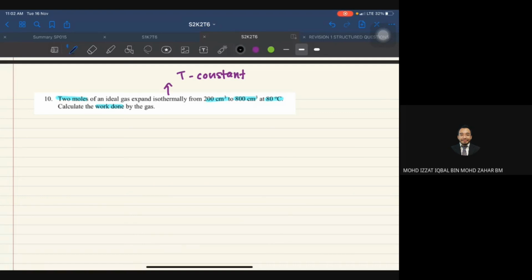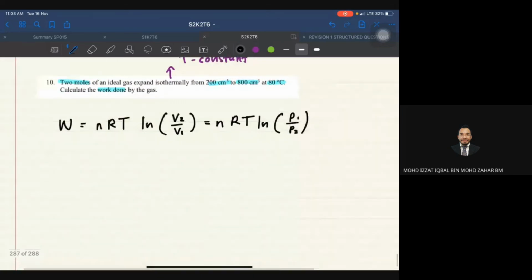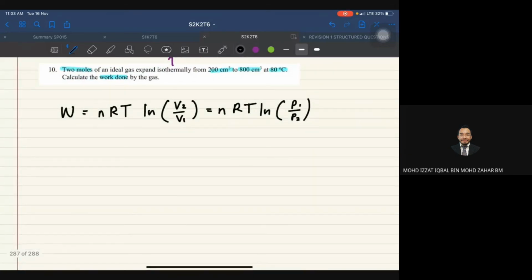So kalau isothermal, work done dia, equation dia yang mana? Work equals to? nRT ln. Yes, very good. Okay, yang pelik tu lah. Dia ada nRT ln V2 over V1 ataupun nRT ln P1 over P2. So ikut logik kamu, based on the information given yang kamu baca tadi, kamu rasa pakai equation yang V ke pakai P ke?